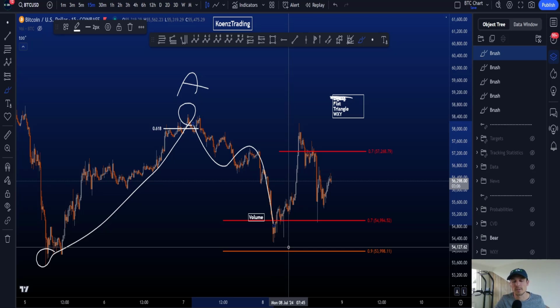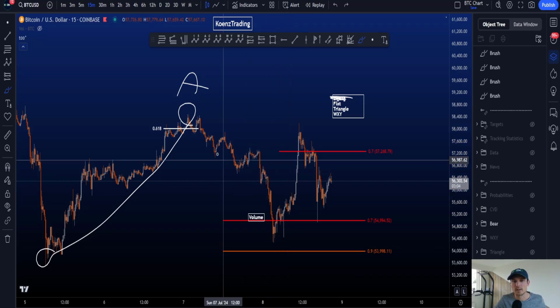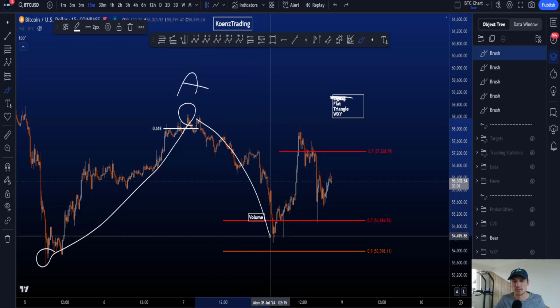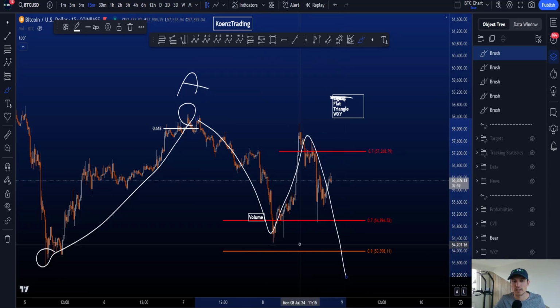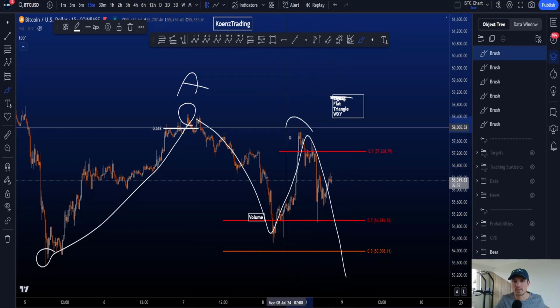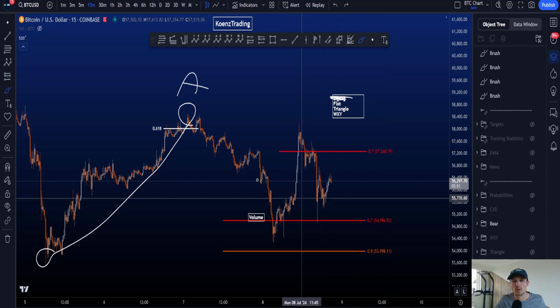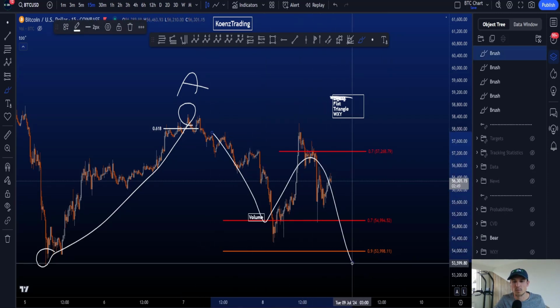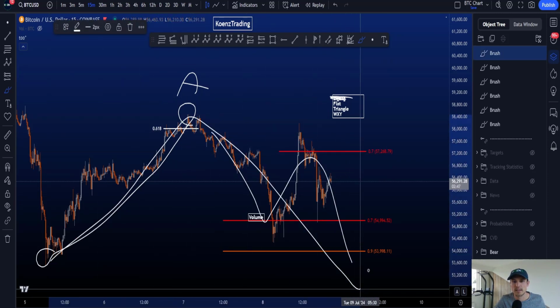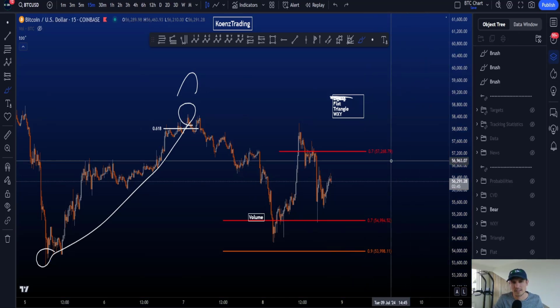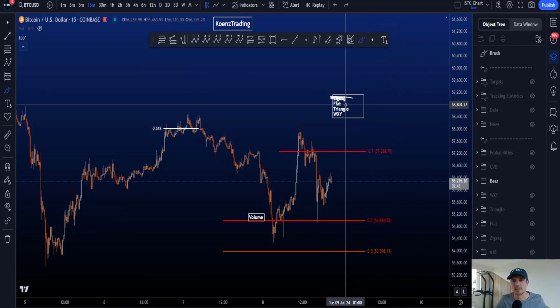In other words, a flat is not yet valid. And if we look for a bigger structure in a flat, WXY, a double zigzag, your wave X moved above the 0.7, significantly reducing the probabilities for a double zigzag, WXY, in a bigger flat ABC. So a flat doesn't have the greatest probabilities.